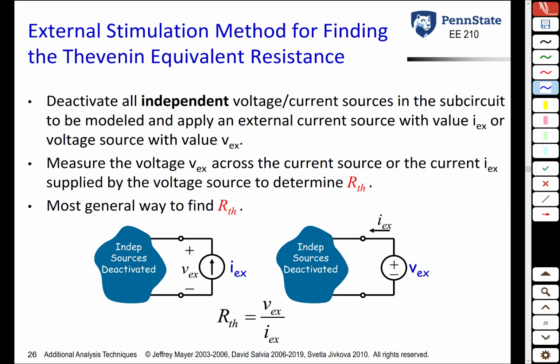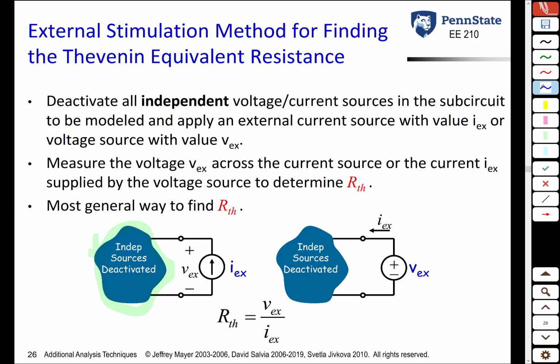Once again, you find VOC the way you normally do. You just open circuit the terminals and you measure the voltage, or you analyze the circuit to find VOC that way. But how do you find the resistance in this case? What you do now is if you're trying to find the Thevenin equivalent resistance of this subcircuit here, what you do is you deactivate all the independent voltage and current sources in the subcircuit. Remembering, if it's a voltage source, you set it equal to 0 volts, which is a short circuit.